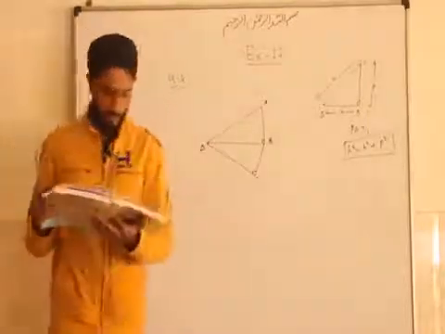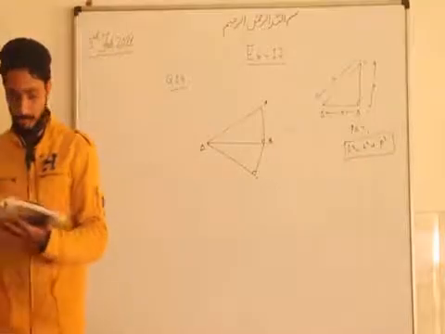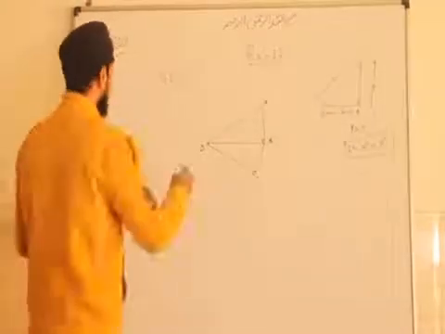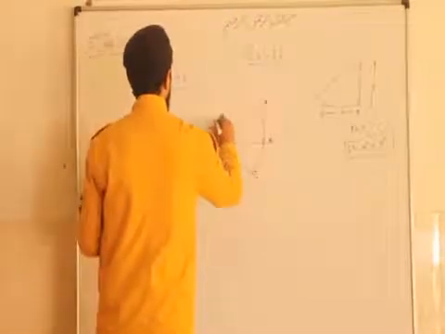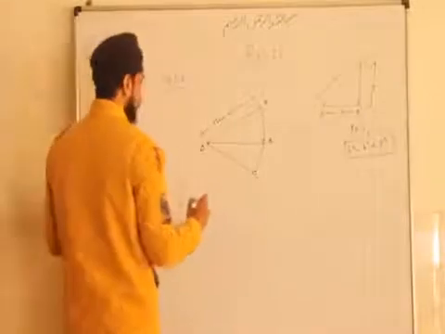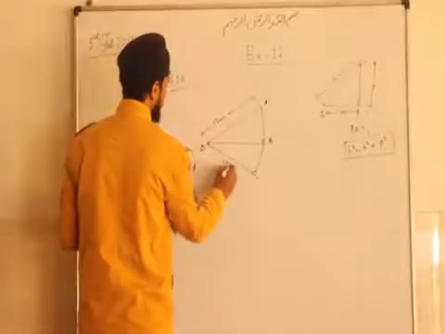In figure first given below, ABCD is a quadrilateral in which AD equals 13 centimeter. So mark this. AD is 13 centimeter. Okay, DC is equal to 12. This is DC, 12 centimeter.